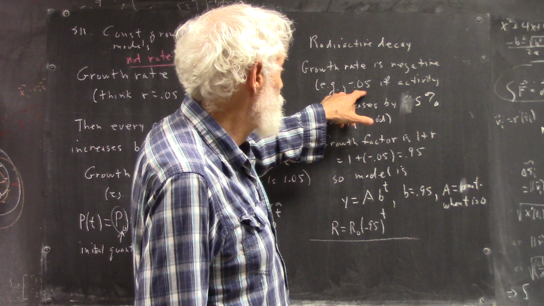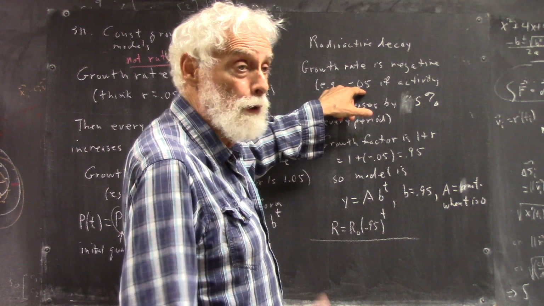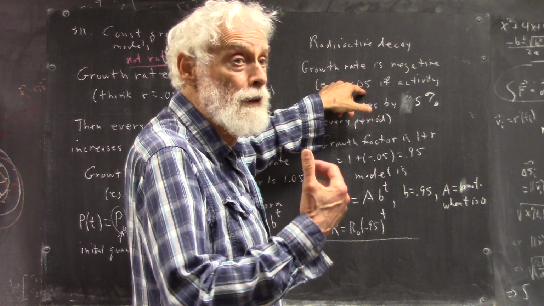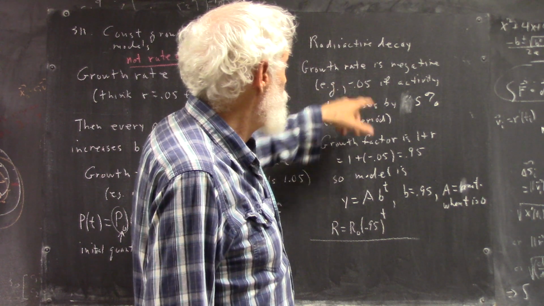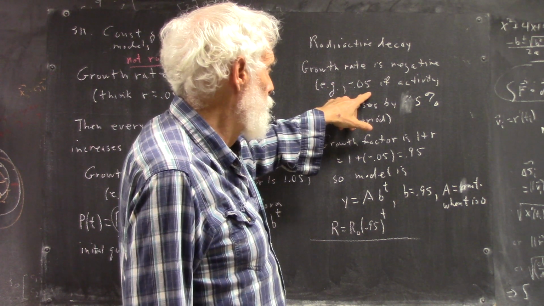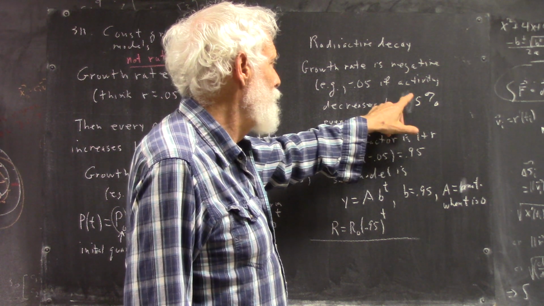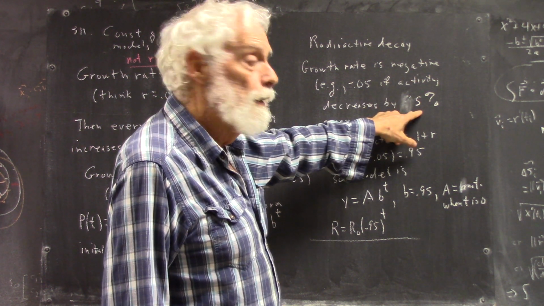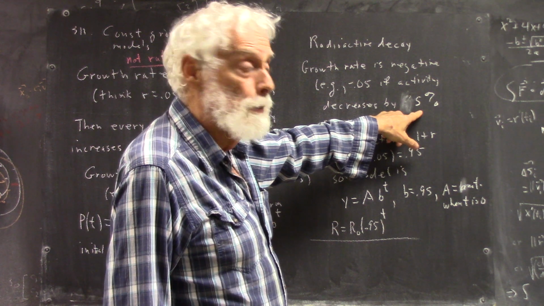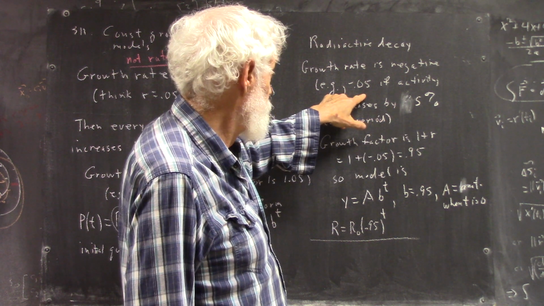But if the rate is negative 0.05 for every period, whatever the period is, days, years, centuries, whatever, then your growth rate is negative 0.05. If the activity or the amount of stuff decreases by 5% every period, then your rate is negative 0.05.